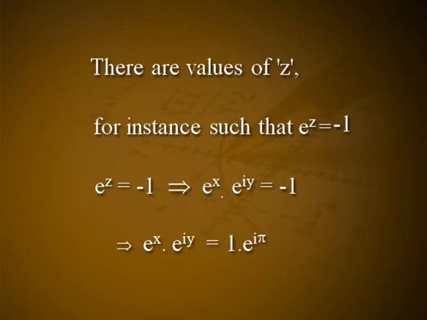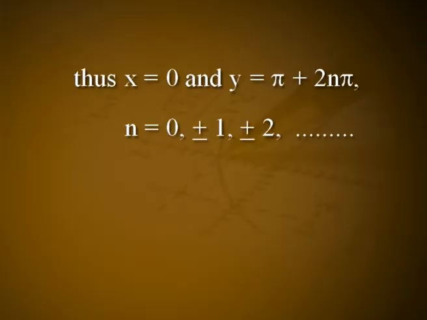There are values of z, for instance, such that e^z is equal to minus 1. e^z is equal to minus 1, which means that e^x into e^(iy) is equal to minus 1, which implies e^x into e^(iy) is equal to 1 into e^(i pi), which implies e^x is equal to 1 and y is equal to pi + 2n pi, where n is equal to 0, plus or minus 1, plus or minus 2, etc. Thus, x is equal to 0 and y is equal to pi + 2n pi, where n is 0, plus or minus 1, plus or minus 2, etc.